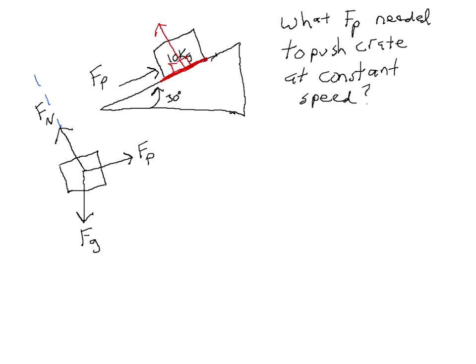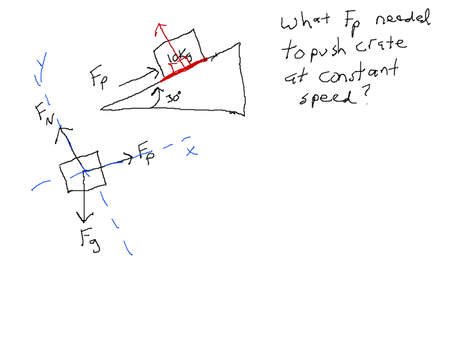What you want to do is pick your XY coordinate system so that the X direction is parallel to the plane and the Y direction is perpendicular to the plane. So this is X and this is Y. The reason we do this will become a little bit more clear in a moment, but the short answer is that it makes the math much, much easier if we draw our coordinate system this way.